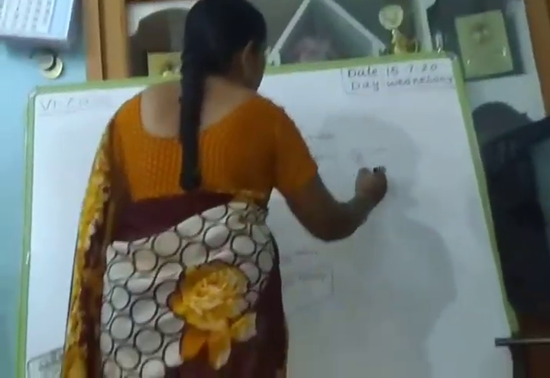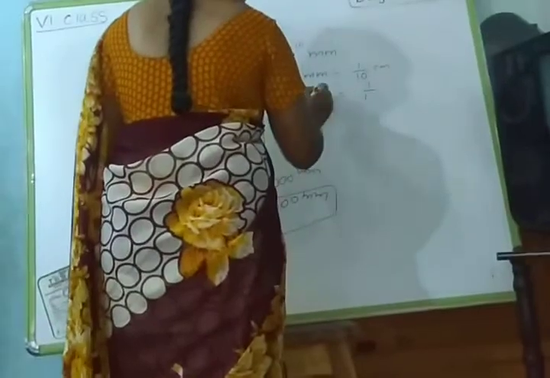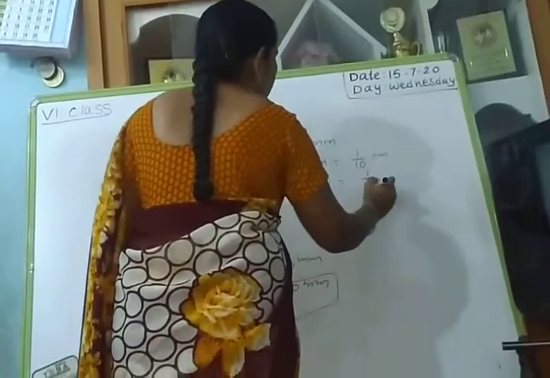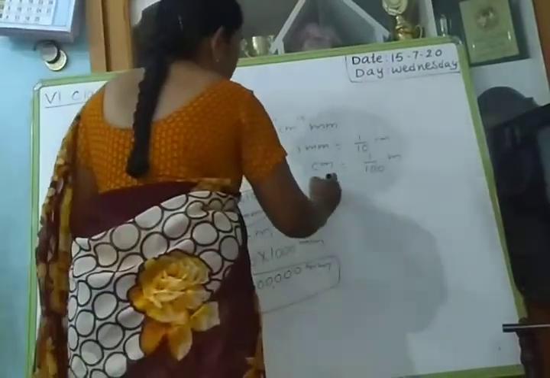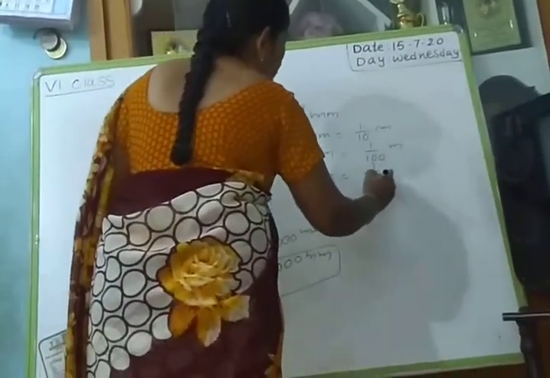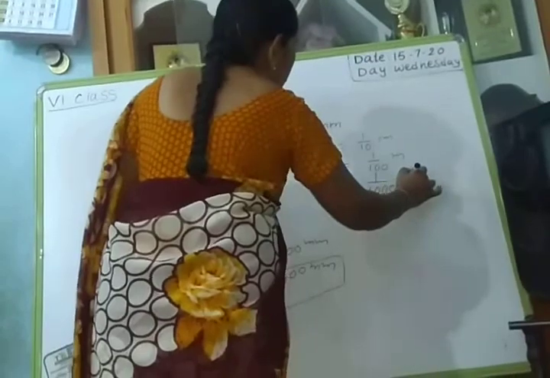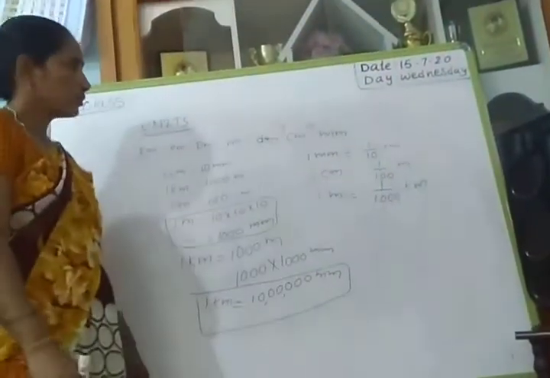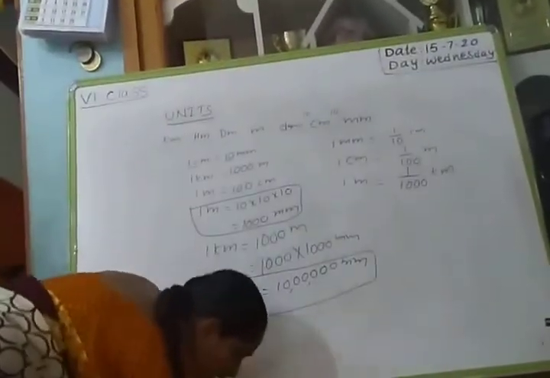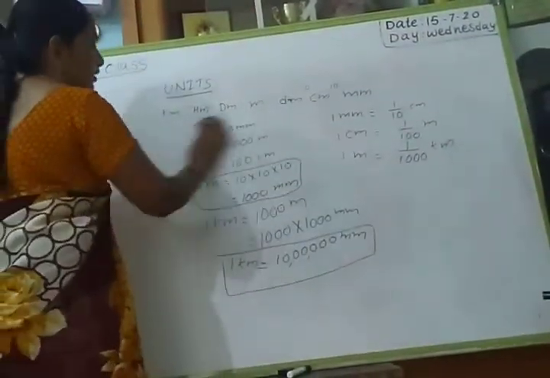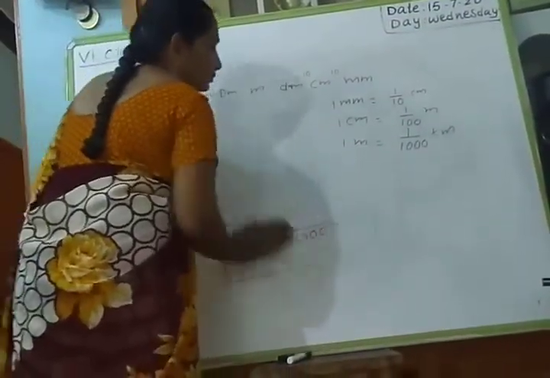Next, 1 centimeter is equal to how many meters? 1 by 100 meters. 1 meter is equal to how many kilometers? 1 by 1000 kilometers. So according to their relation, we have to take it like this.